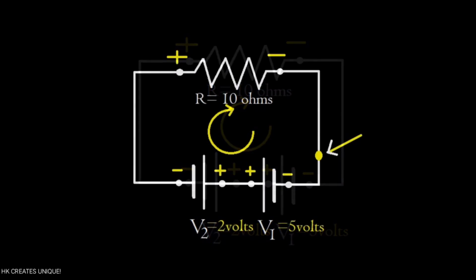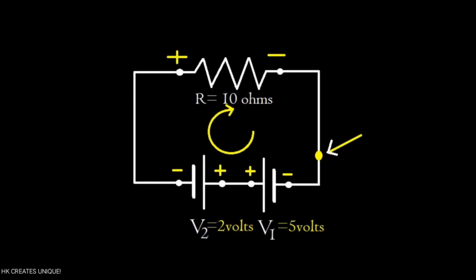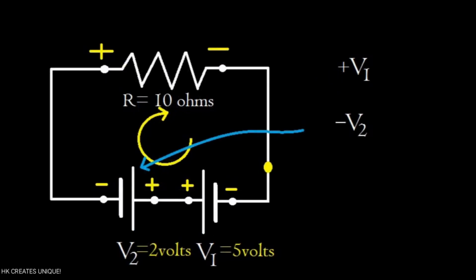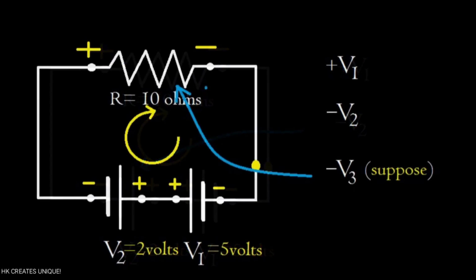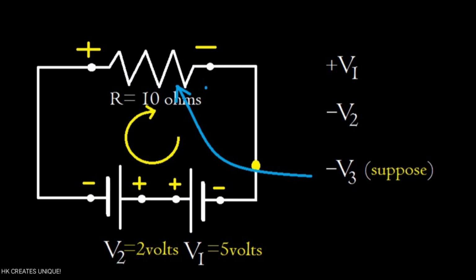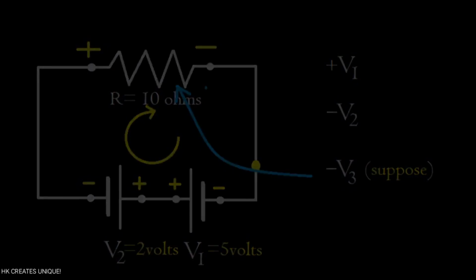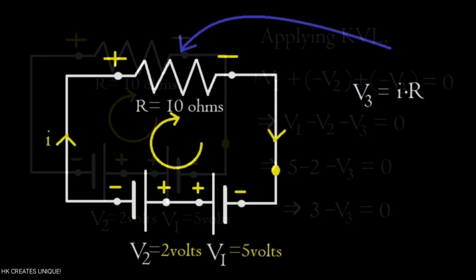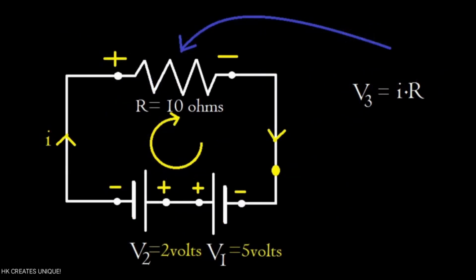So from this point, first component voltage is positive V1, second component voltage is minus V2, and third component voltage is minus V3, suppose. Applying Kirchhoff's voltage law and simplifying a little bit, we get 3 minus V3 equals 0. Now apply Ohm's law in the resistor.